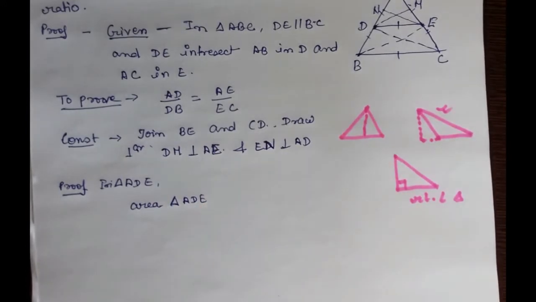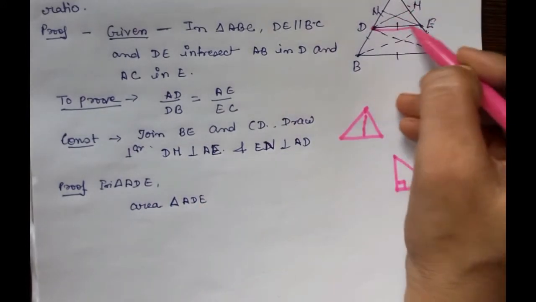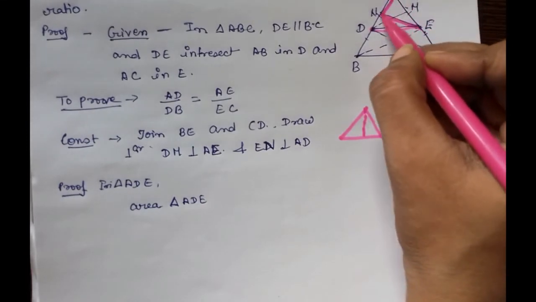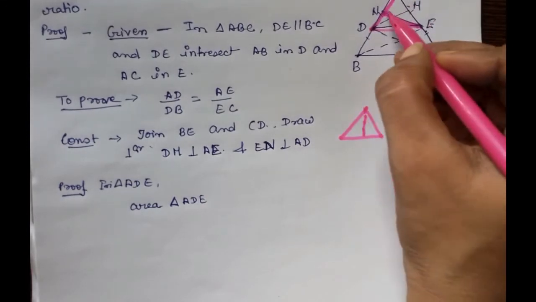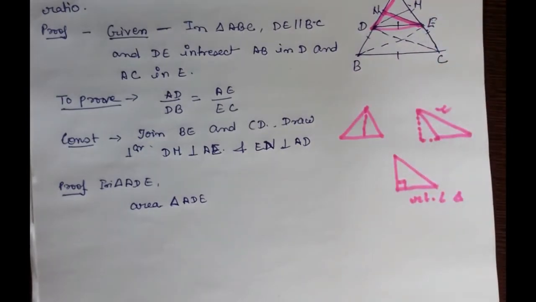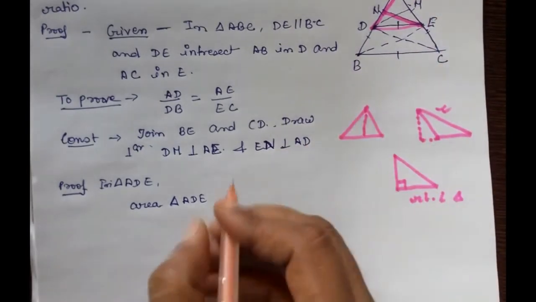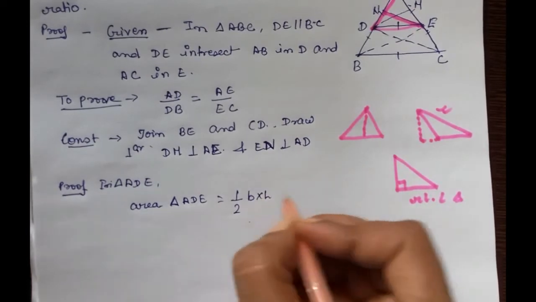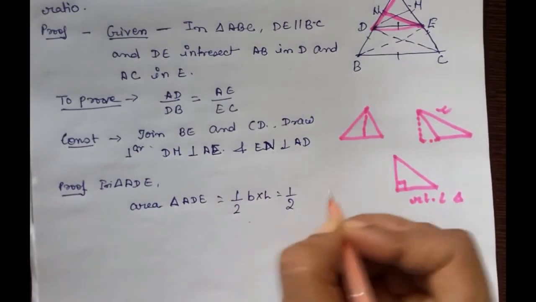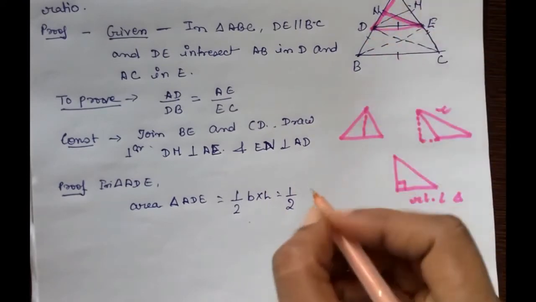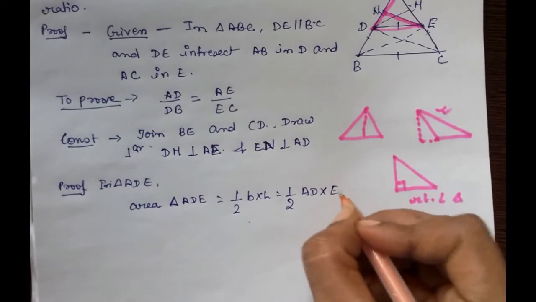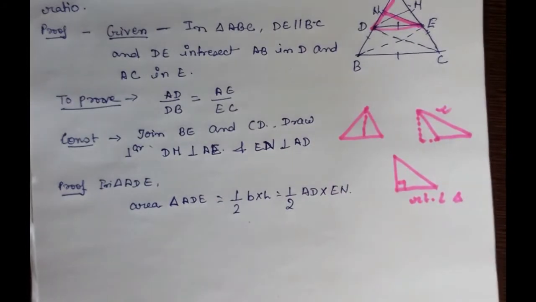In this triangle, this one is the perpendicular on AD, so this one is the base and this one is the height. So we write half into base into height. Our result is half into base AD into EN. This is the area of triangle ADE.